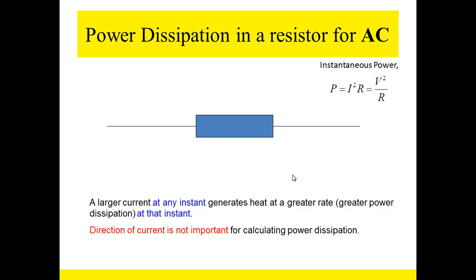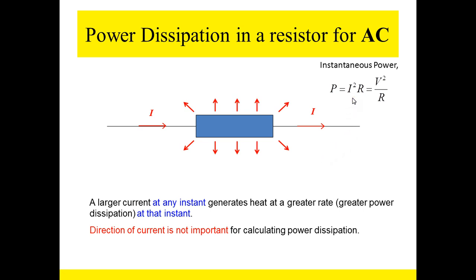Now let's look at what is the power dissipated by a resistor undergoing alternating current. First, the current comes in from left to right. The current is relatively small. The power dissipated given by I squared R will be relatively small.